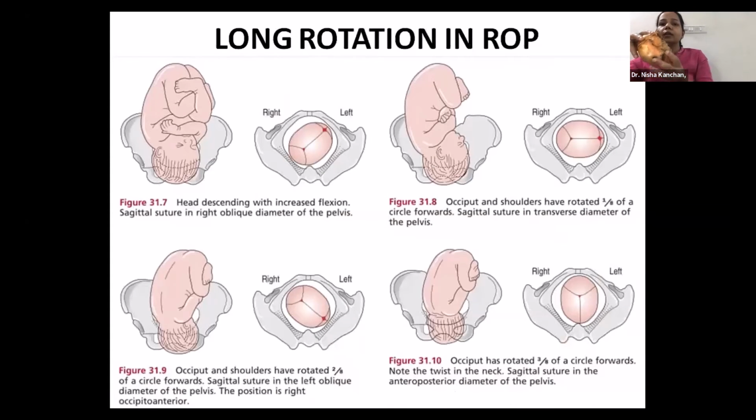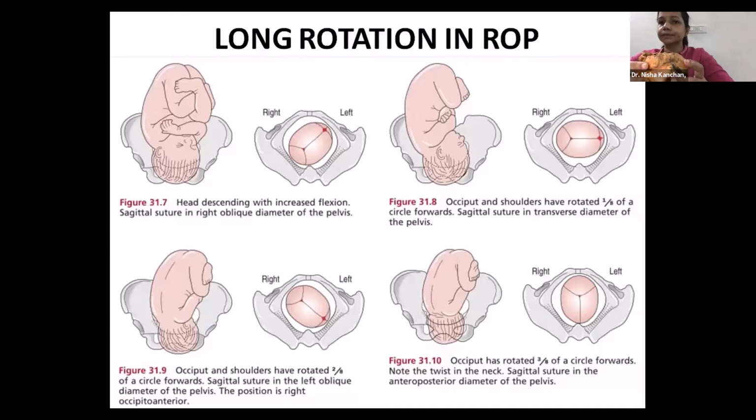Okay, so engagement. As I told you, what you have to remember in occipito-posterior is that engagement is happening with the engaging diameter being suboccipitofrontal or occipitofrontal. It is not suboccipitobregmatic, which is 9.5, slightly larger diameters, suboccipitofrontal or occipitofrontal. Engagement, descent, flexion, internal rotation 3/8 of a circle, shoulders rotating 2/8 of a circle, crowning, extension, restitution, external rotation.